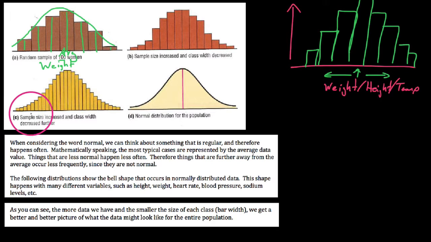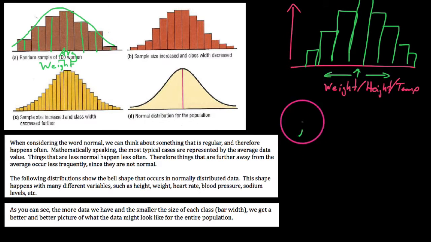The more people we get in our sample, the closer we are to describing the entire population. Eventually, if you captured every single woman and decreased your class width to near zero, you would see these cross sections make up this entire bell-shaped curve that we refer to as a normal distribution for a population.